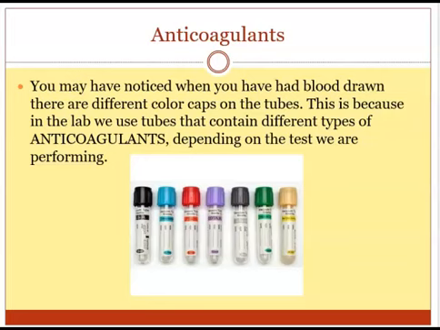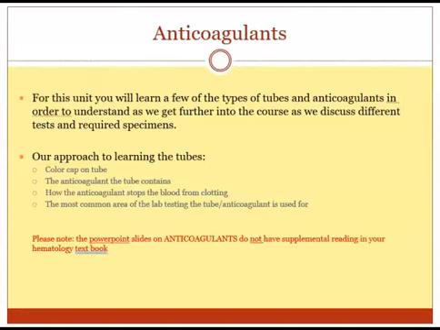And you can see just an example of some of the different types and colors of tubes that can be utilized in the lab in the image below. For this unit, we will learn a few types of tubes and anticoagulants in order to understand as we get further into the course and as we discuss different tests and required specimens.